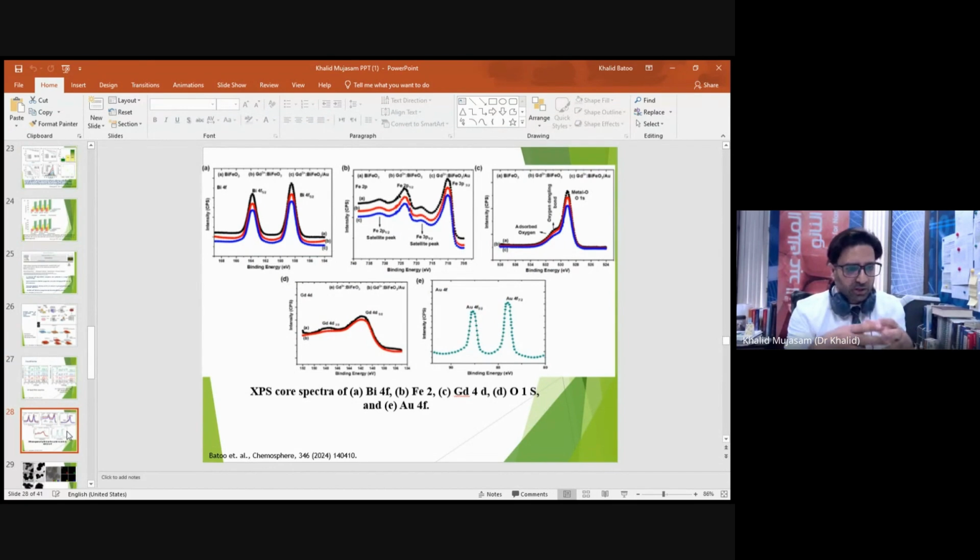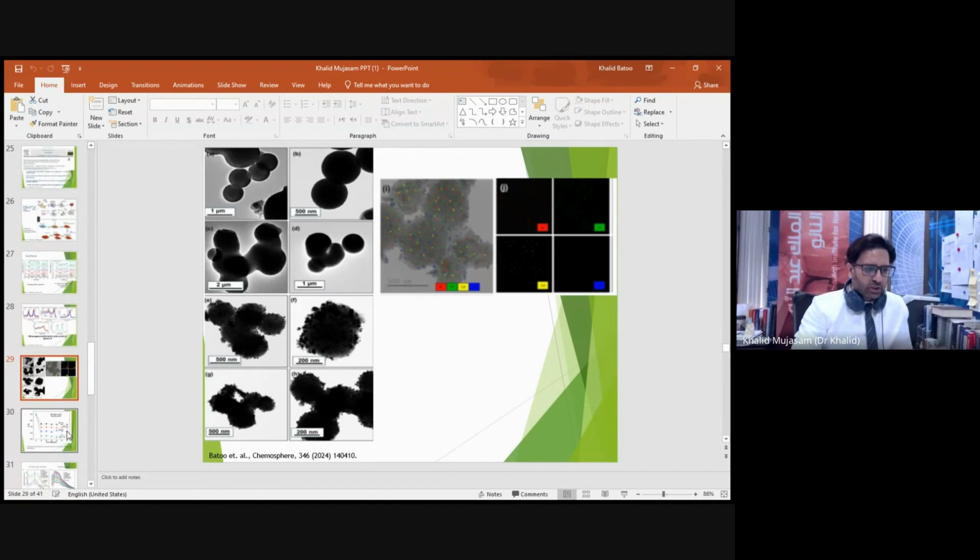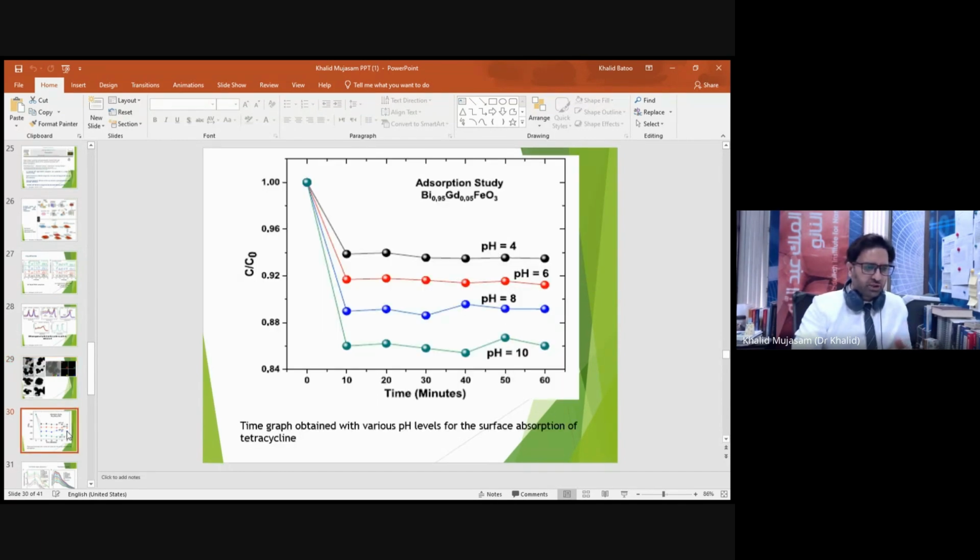The presence of these dopant agents as well as the main matrix elements were visualized through XPS. We performed the surface measurements using morphological techniques, SEM and TEM, and we saw that they are almost spherical in shape.